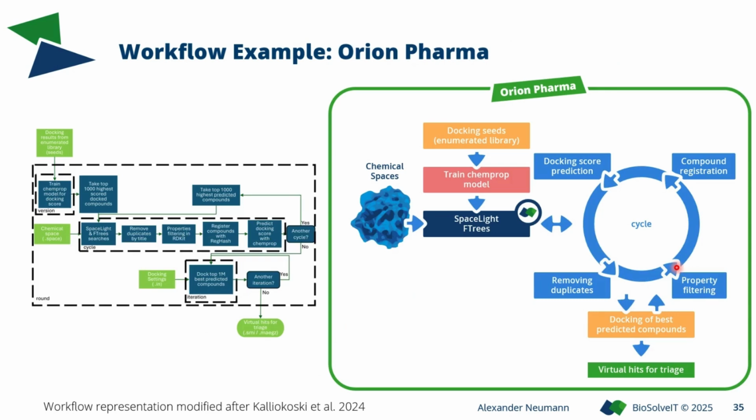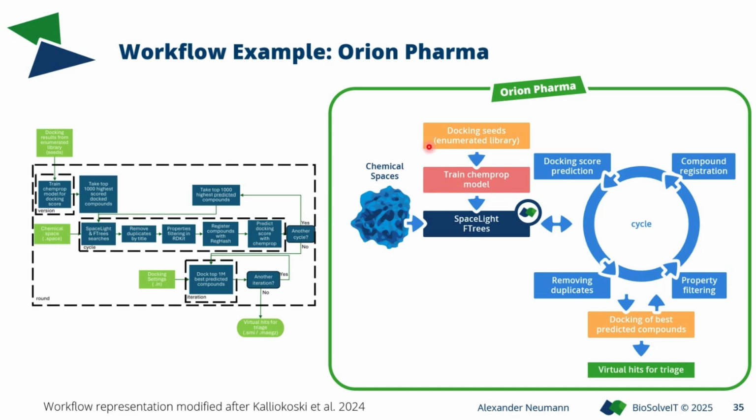The second example, done by Orion Pharma, is also a very interesting workflow designed for screening ultra-large chemical spaces. Just to be faster, ultimately. On the left, the original workflow. On the right, my stylized interpretation and modification.